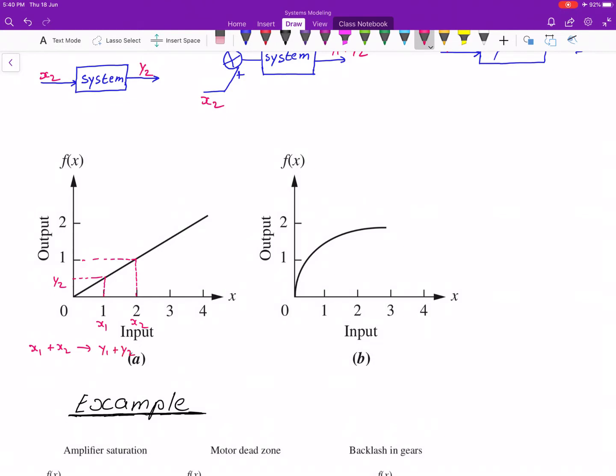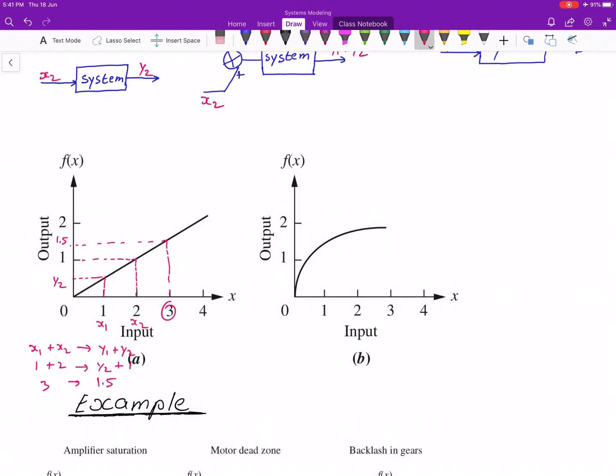So x1 was 1 plus x2 was 2, and y1 is a half, y2 was 1. We have x1 plus x2 is 3, which implies that y1 plus y2 should give us 1.5. So x1 plus x2 was 3, which is here, and this gives us around 1.5, meaning that it satisfies superposition.